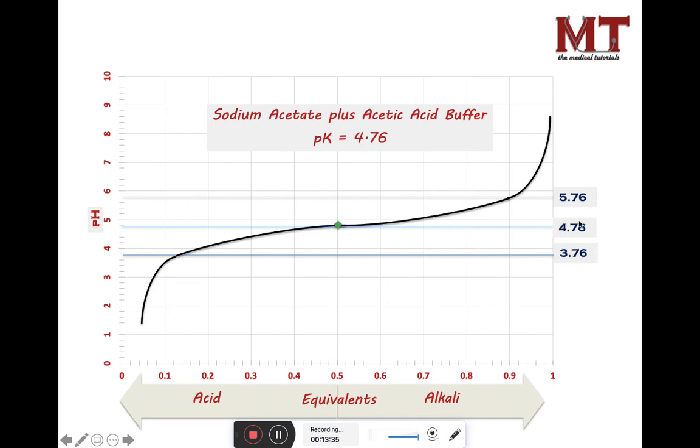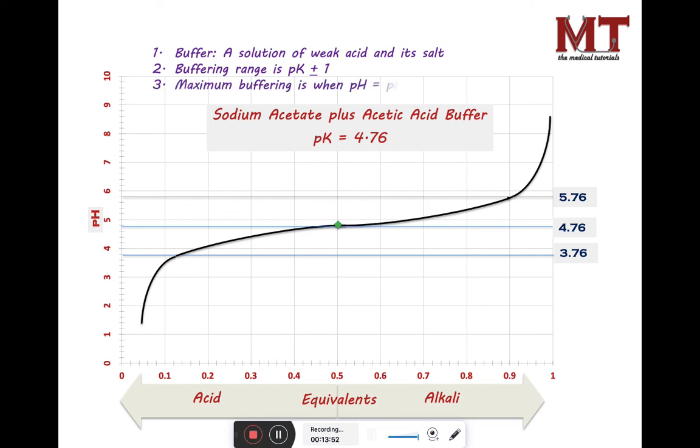And when the pH is exactly equal to its pK value, it has the maximum buffering capacity. So a buffer is a solution of a weak acid and its salt, the buffering range is pK plus minus 1, and the maximum buffering is when the pH is equal to its pK value. So these are important points to remember.